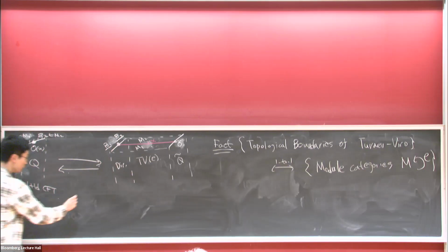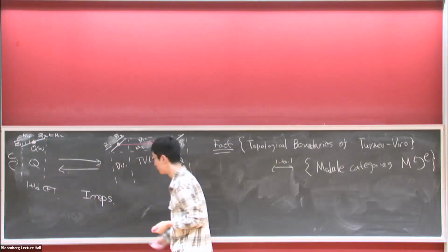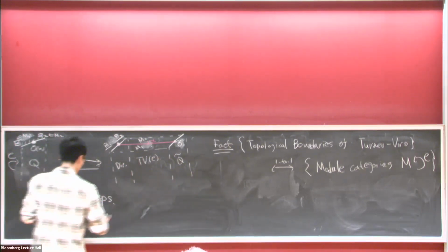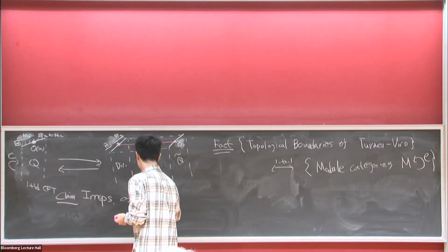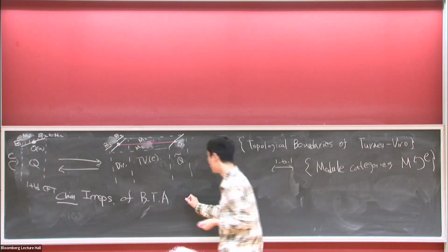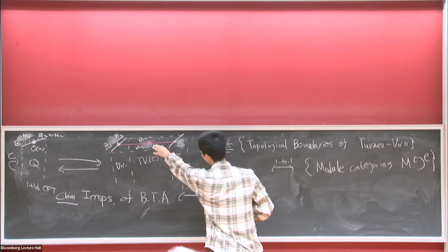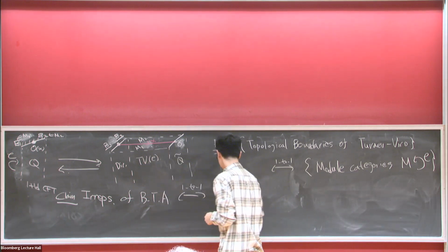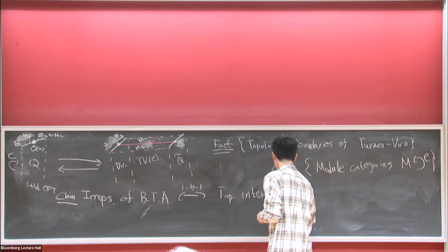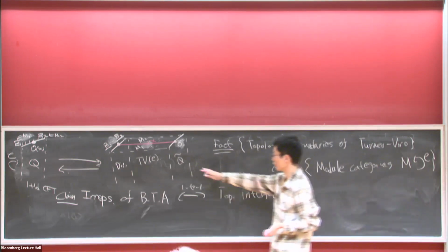Now the claim is that irreducible representations of this boundary algebra are in one-to-one correspondence with these topological interfaces in this TQFT picture.